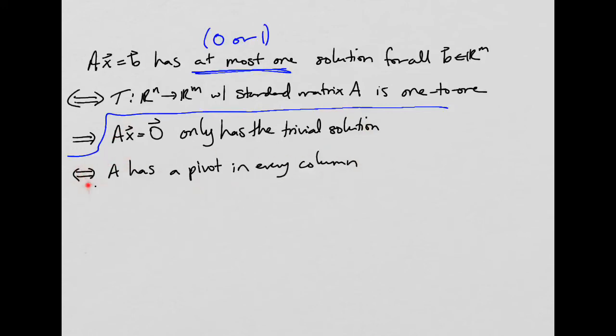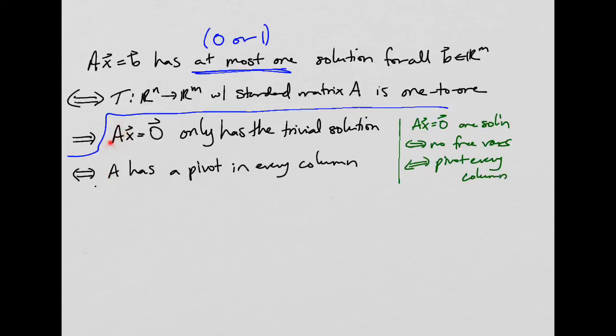Why is that? Well, think about this equation here. It only has one solution. That means A has no free variables. If A has no free variables, that means there's a pivot in every column. So AX equals 0, one solution. That's if and only if no free variables. That's if and only if pivot in every column.